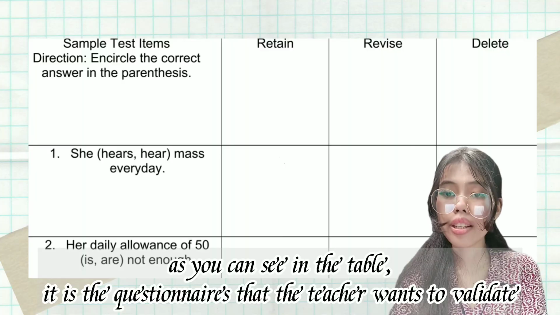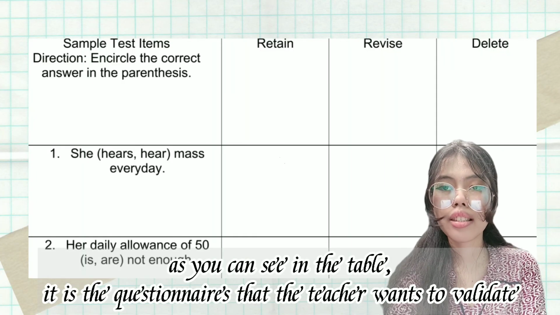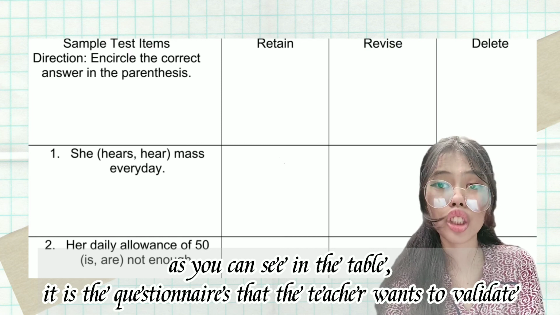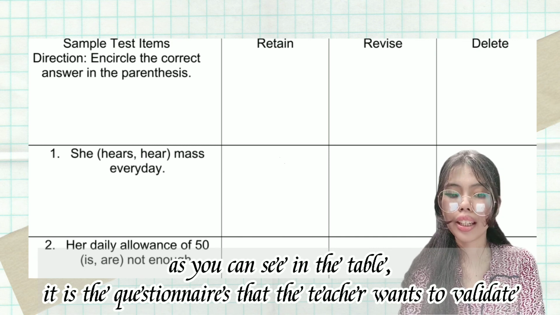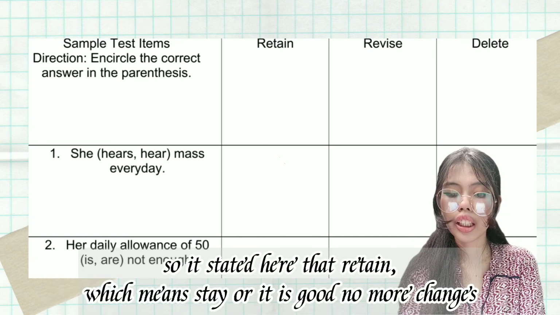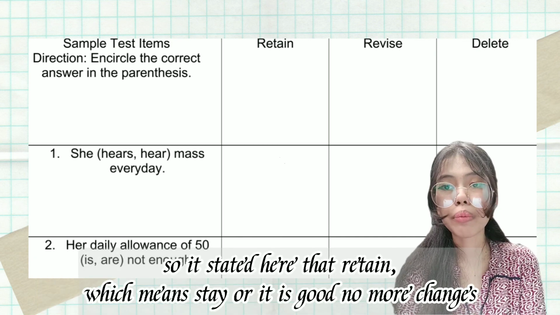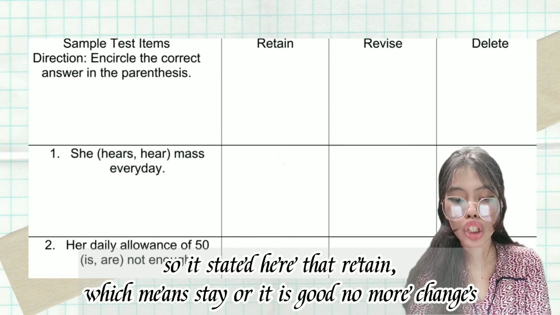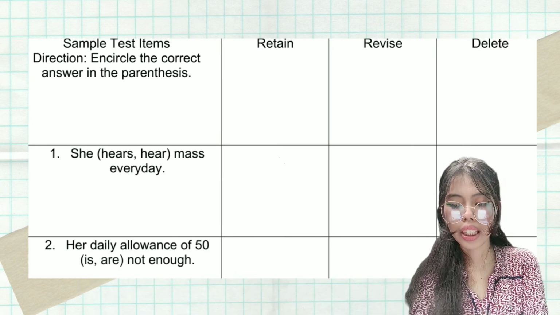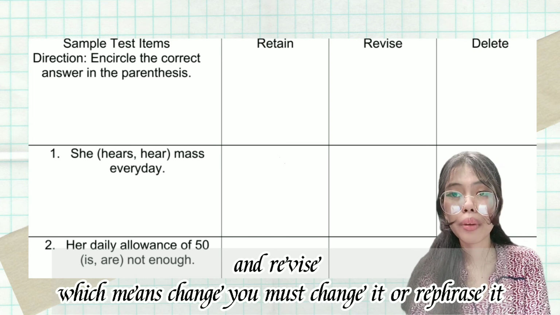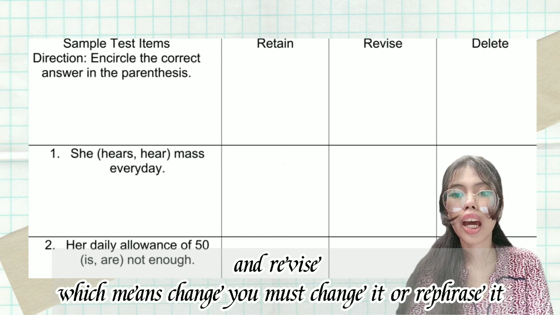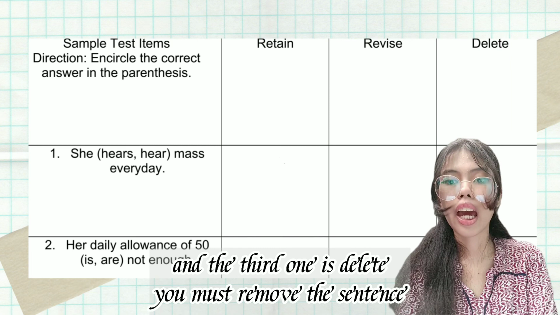So, as you can see in the table, these are the questionnaires that the teacher wants to validate. It's stated here that retain means stay, it's good, no more changes, and revise means you must change it or rephrase it. And the third one is delete, you must remove the sentence.